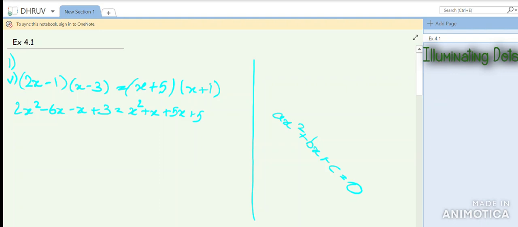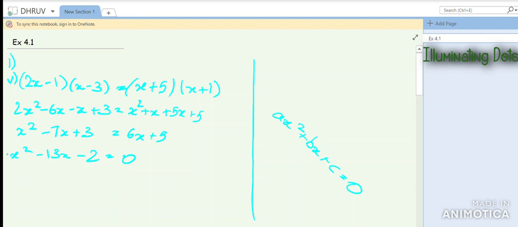Now we will simplify it further. 2x square and x square from here, it becomes x square, minus 6x minus x becomes minus 7x, plus 3 is equal to x plus 5x becomes 6x, and plus 5. So here x square, and minus 7x minus 6x gives minus 13x, and 3 minus 5 gives minus 2, is equal to 0.